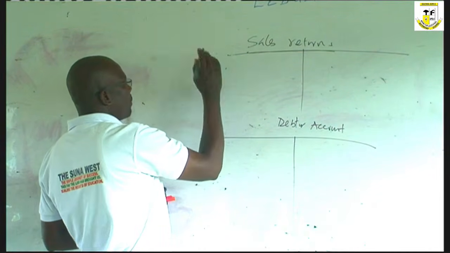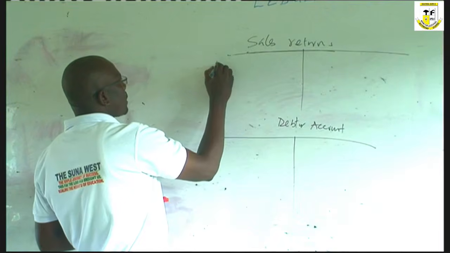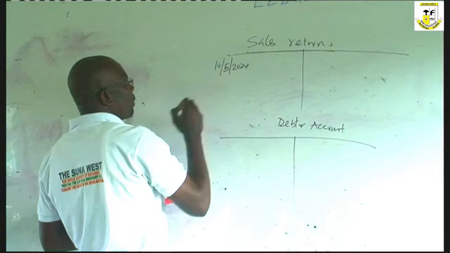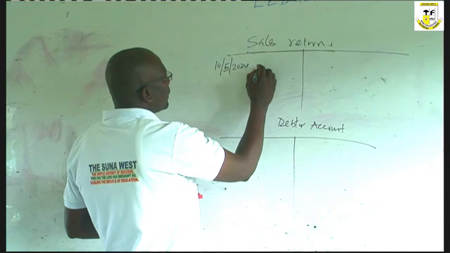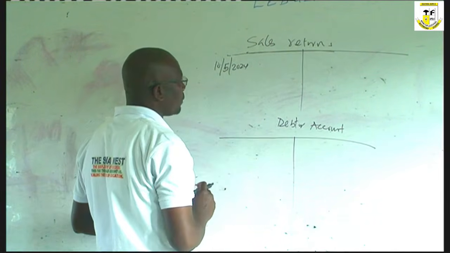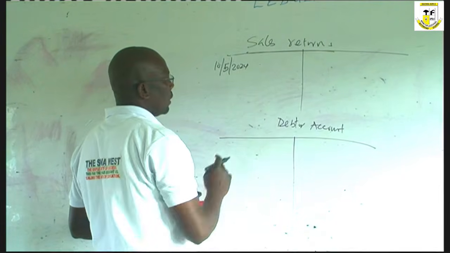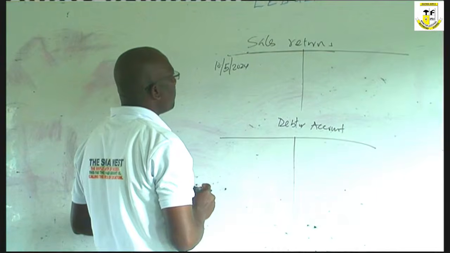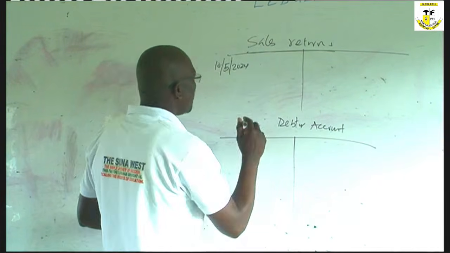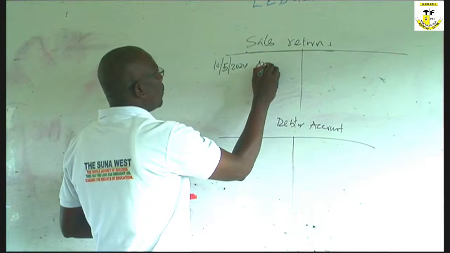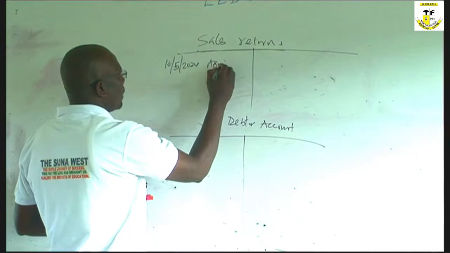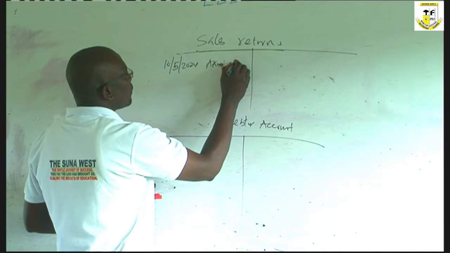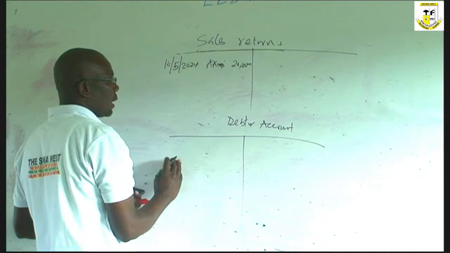So for example, if the date is 10th of May 2024, and the sales that were returned were from maybe Akinyi, then we'll write Akinyi here. Amount is even 20,000 that was returned.